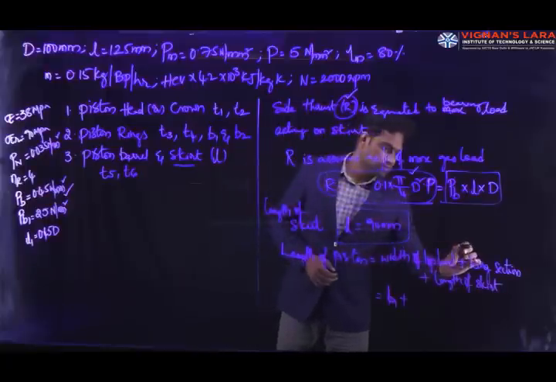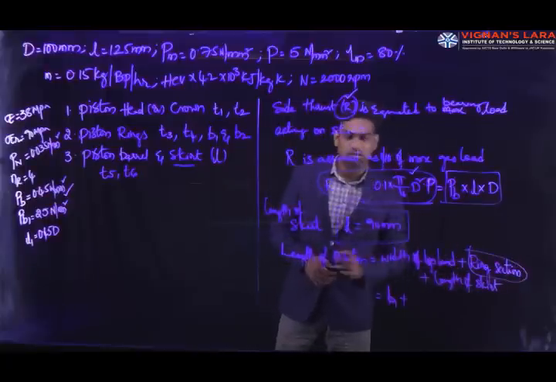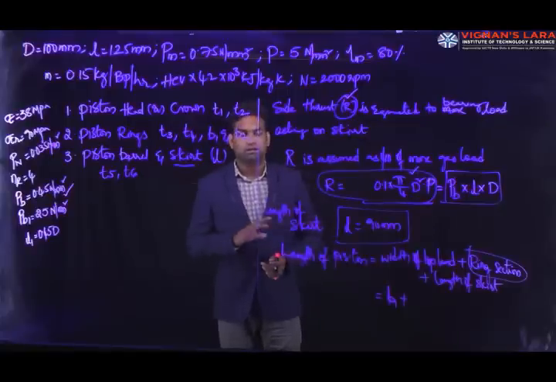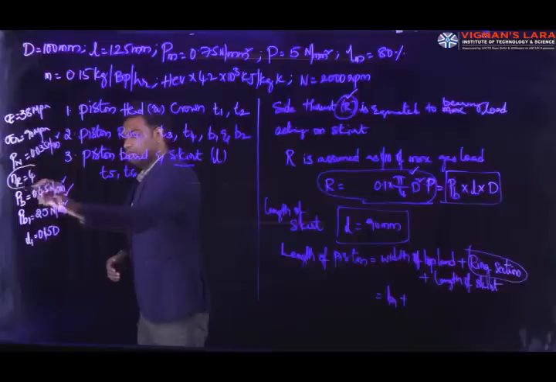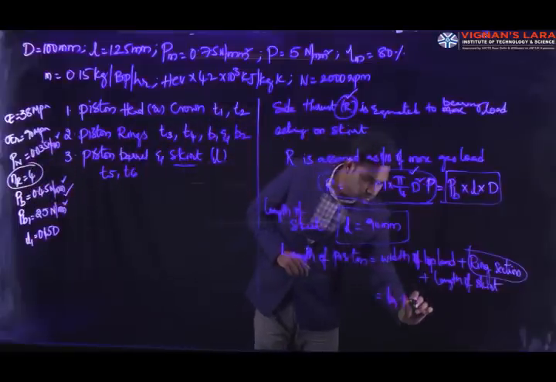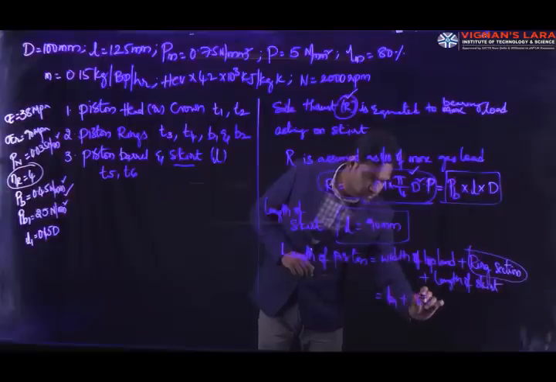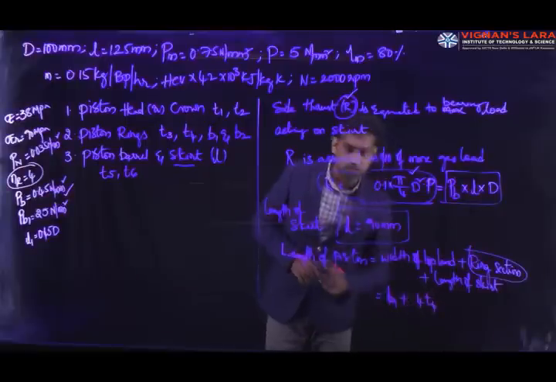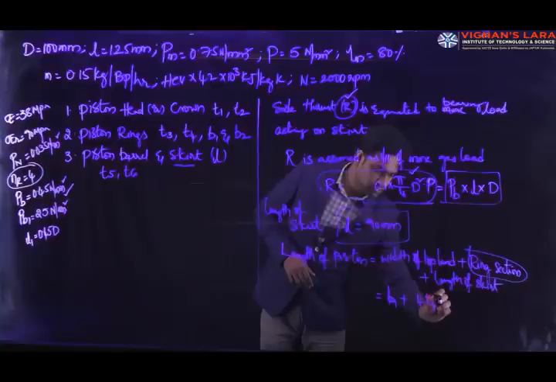The length of the ring section depends upon the number of rings we have in the piston. Here we have taken the number of rings as 4. So we take 4 times the axial thickness of rings, that is 4T4, plus 3 times the other ringland widths, that is 3B2.